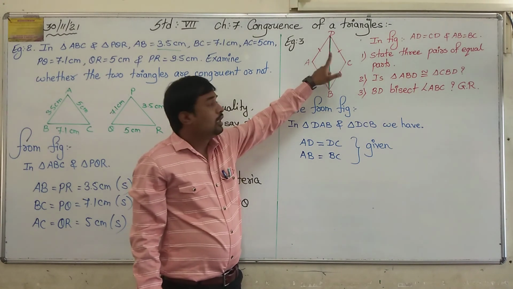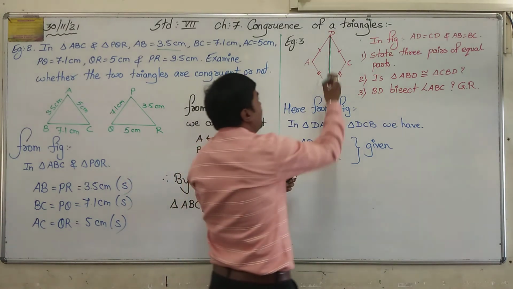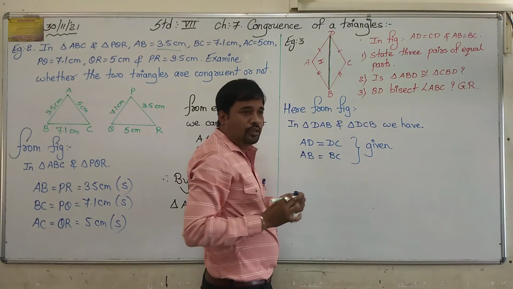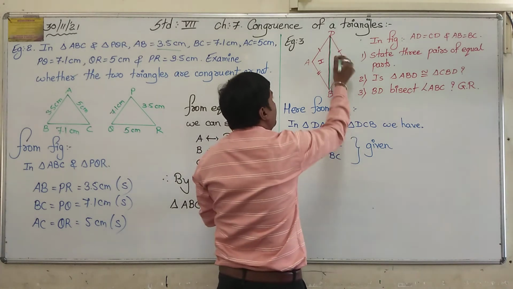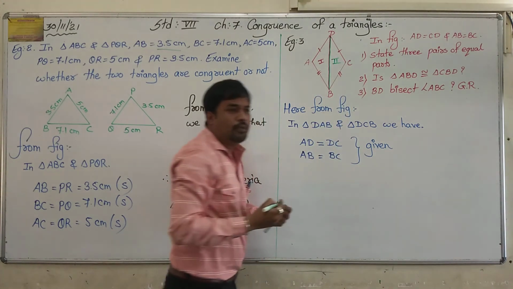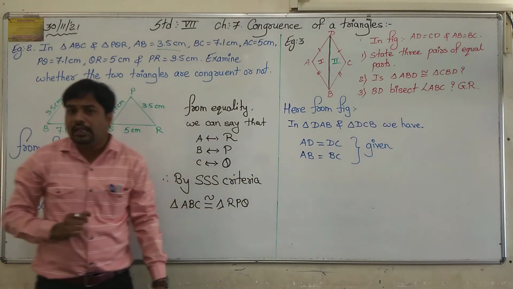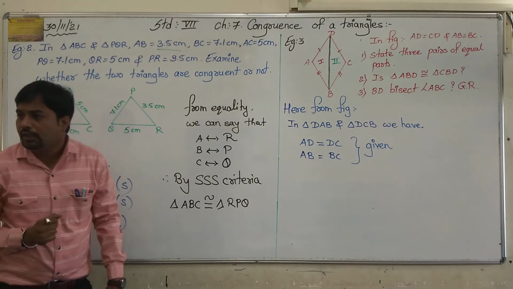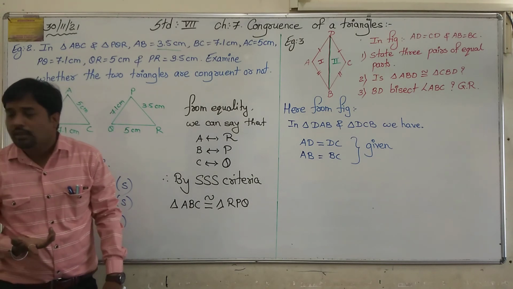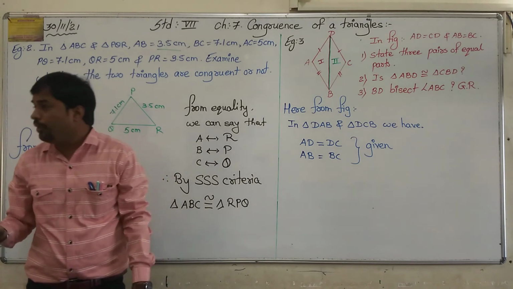BD is in the first triangle, and BD is in the second triangle. The green part is in the second, the red part is in the first. Both are the same. Right? So common parts are always equal.